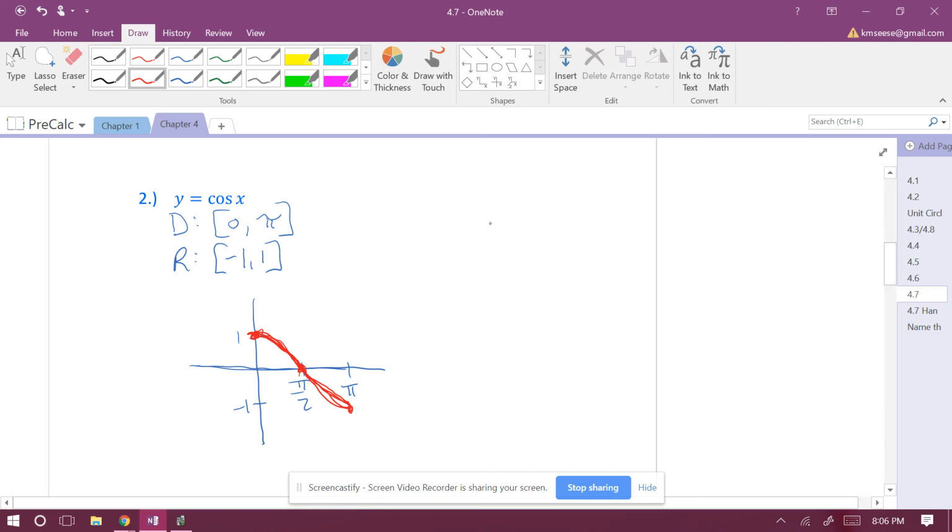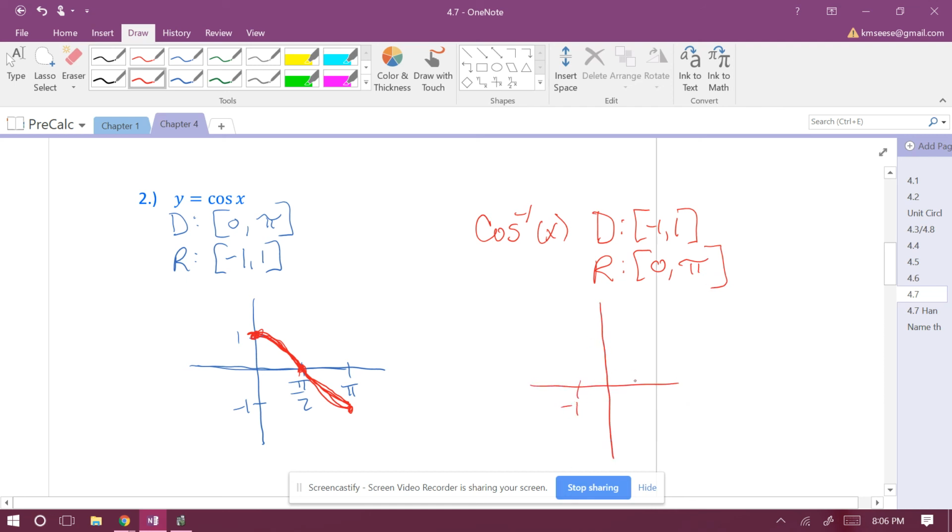Now when we do cosine inverse of x, my new domain is going to be -1 to 1, switching, and my range is going to be 0 to pi. Graphically, I go from -1 to 1, and I'm going to go from 0 to pi.